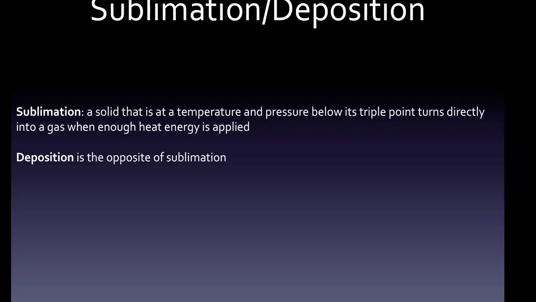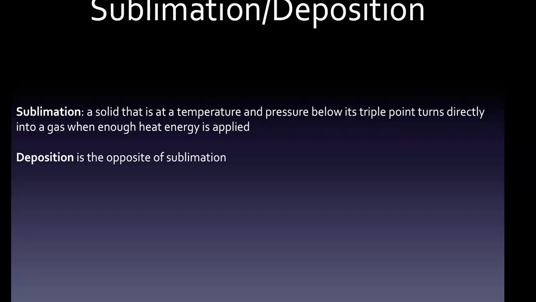And then we have sublimation and deposition, with smaller text for some reason. During sublimation, a solid that is at a temperature and pressure below its triple point, which is the point at which temperature and pressure reach an equilibrium so that the solid, liquid, and gas of a substance can all exist at the same time, turns directly into a gas when enough heat energy is applied.